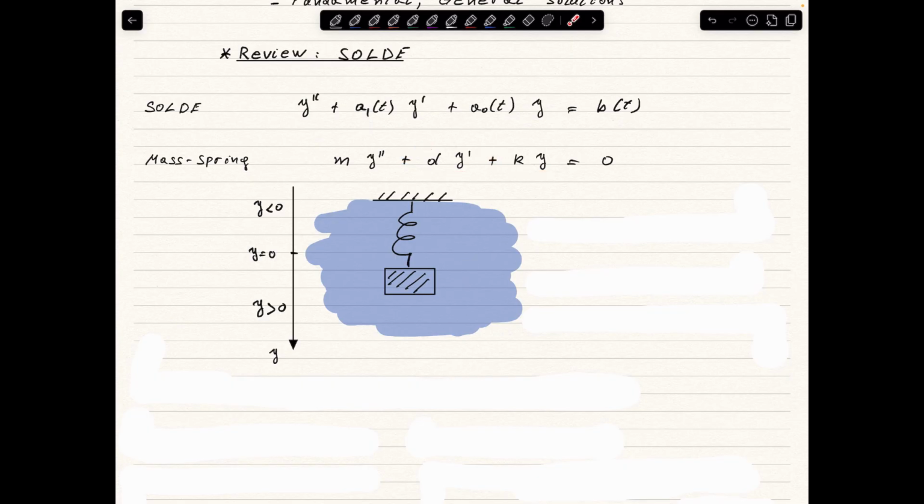When we put all the terms on one side, we have an equation of this form, where in this particular system the coefficients are constant in time, and these coefficients have physical meaning.